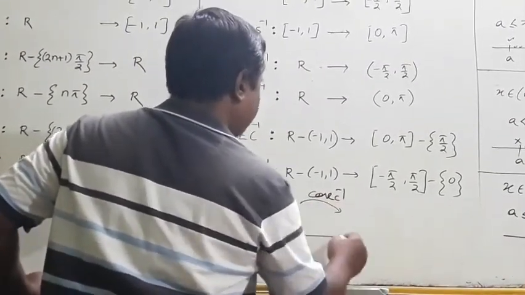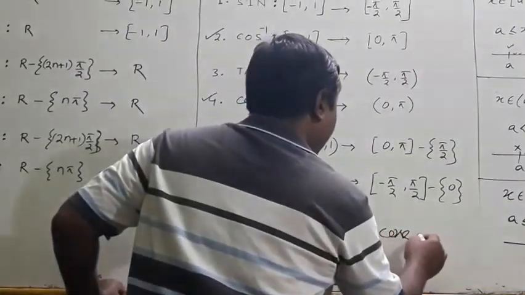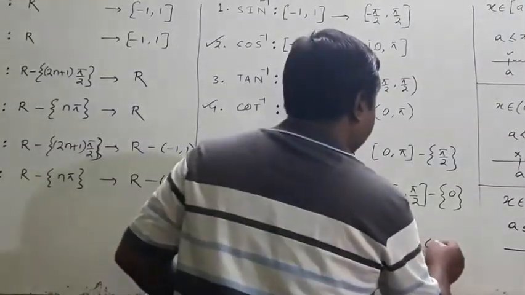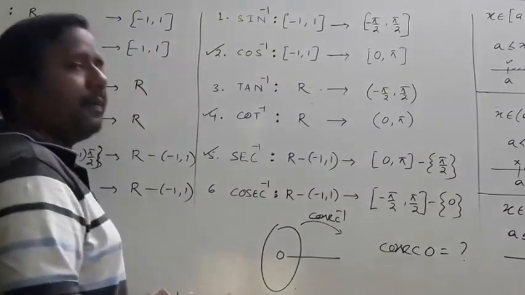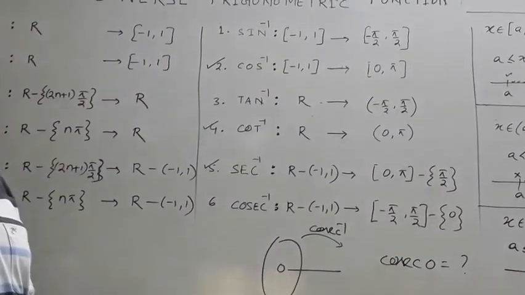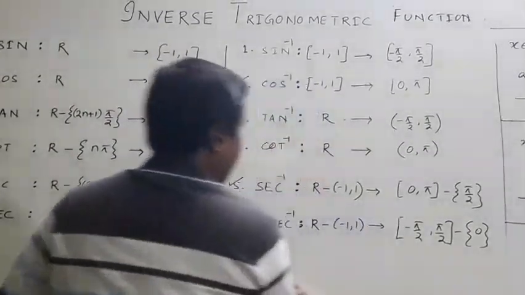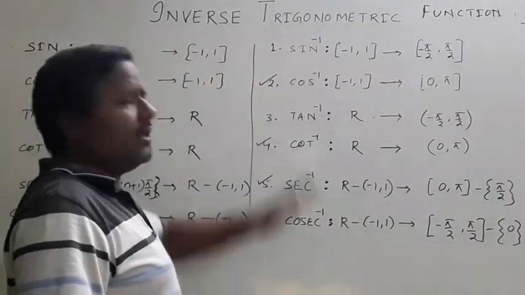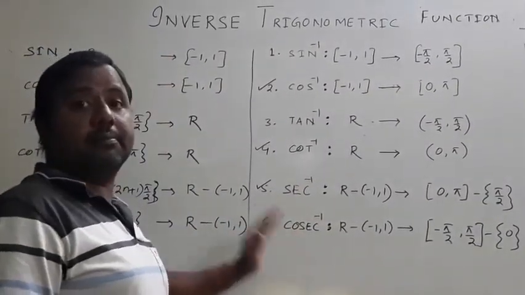Where will it go? We do not know the value of cosec 0. Then how can we find cosec inverse 0? That is impossible, so it is taken out. You have to remember this; it is a very, very vital thing for you.